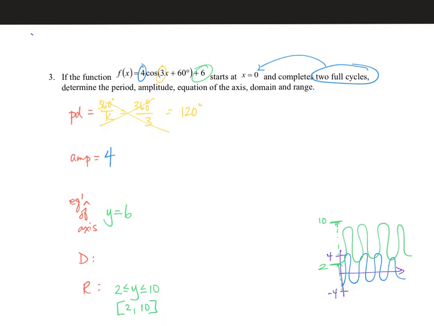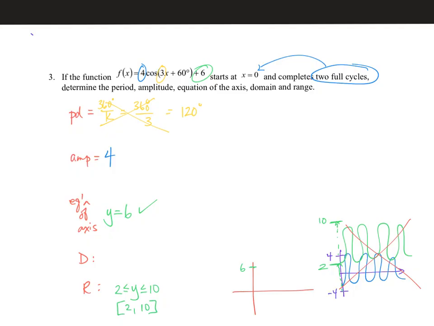However, I'd like to address a different way to think about your range, and a way that may be easier. Rather than focusing on the vertical stretch and then the vertical shift, think of that graph as a graph that has a middle. By definition, the equation of your axis is the middle of your graph. So I can tell directly from the equation that I have a middle that occurs at 6.